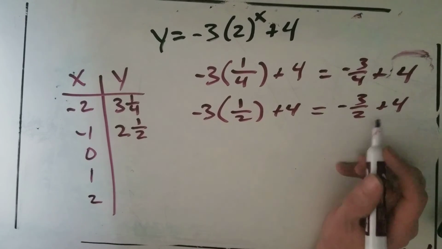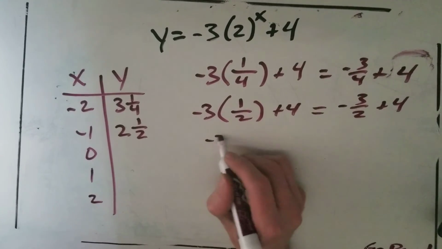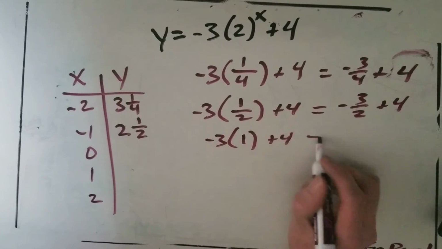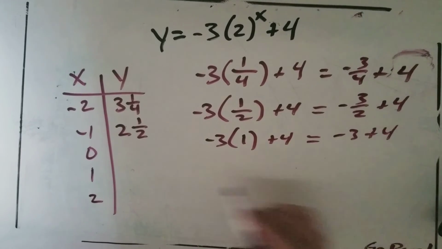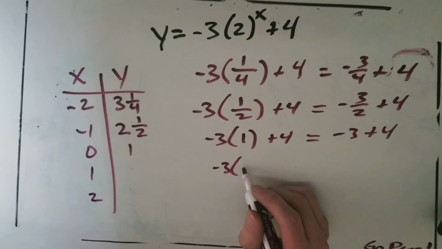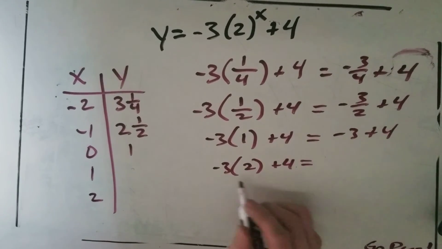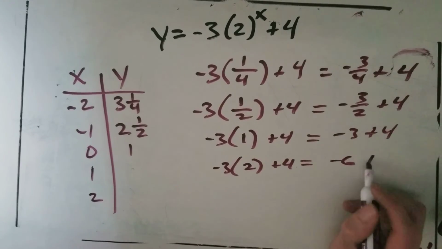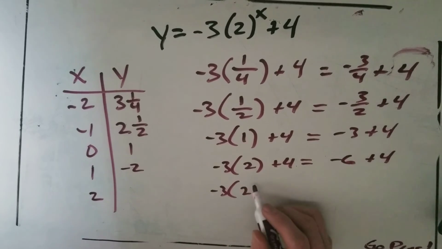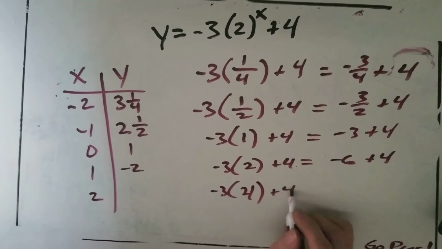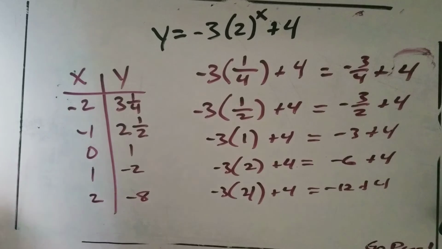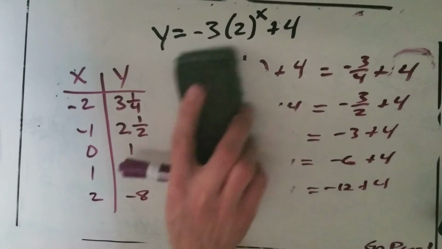When you add -3/2 to 4, you get 2.5. -3 times 2 to the 0th is -3, plus 4 should give us 1. -3 times 2 to the first power is -6, plus 4 is -2. And lastly, we have -3 times 2 to the second power, which is 4, so -12 plus 4 gives us -8. And let's see how this graph looks, and we can see what that negative sign did for us.